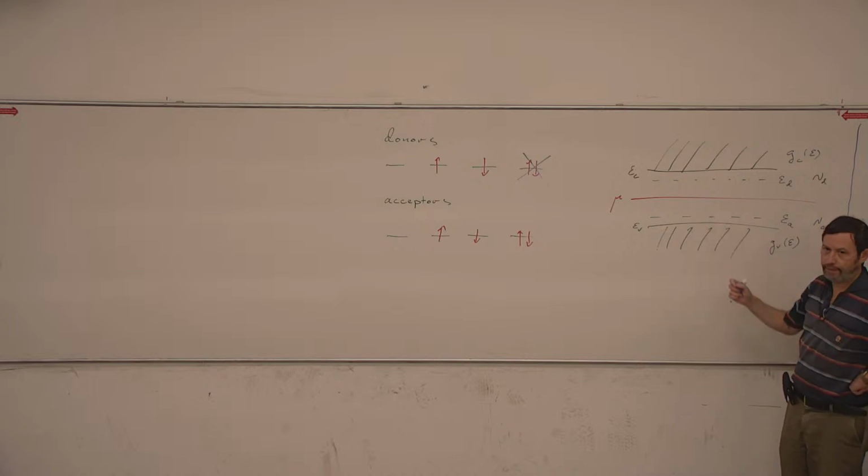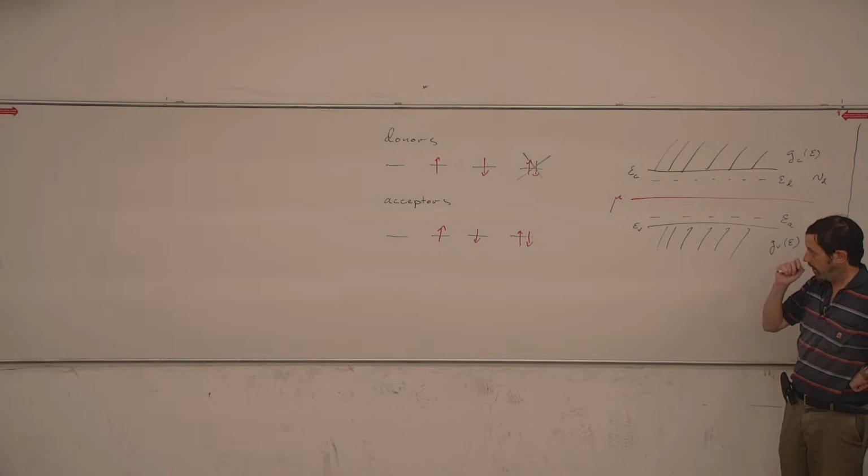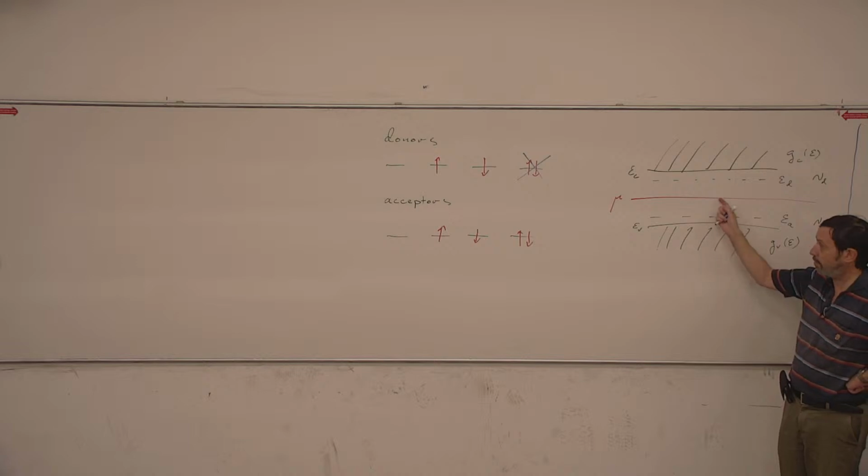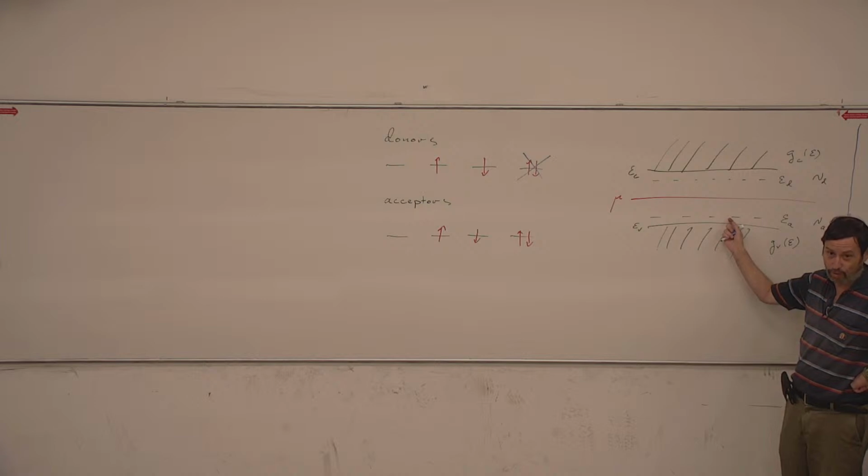We could have even considered 2 electrons moving up, but the fact that we'll have it completely empty here is not reasonable, because we're below mu.